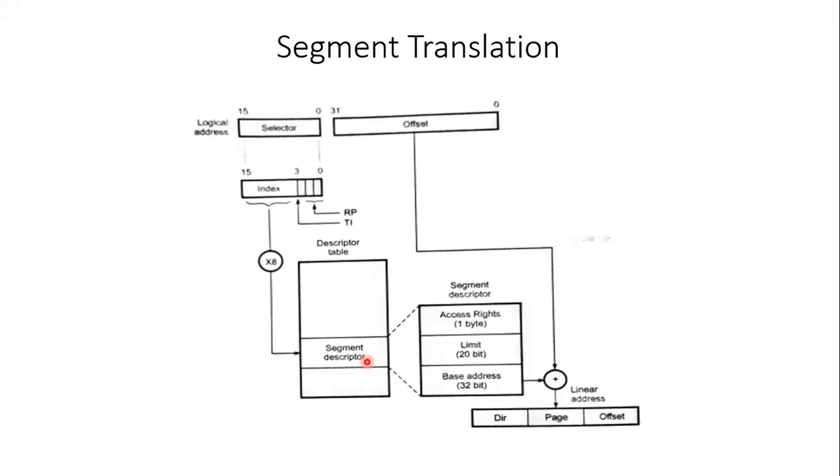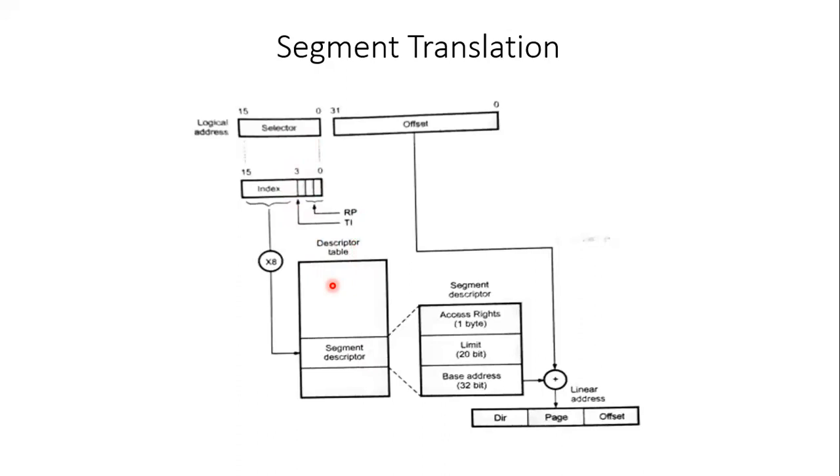I repeat, whenever you are executing any program, and that program attempts to access a segment or a memory management unit, at that time a comparison is made between the privilege level in the selector and the privilege level in the descriptor. This is your selector, and this is your descriptor. So the privilege levels from the selector and the descriptor are both compared.